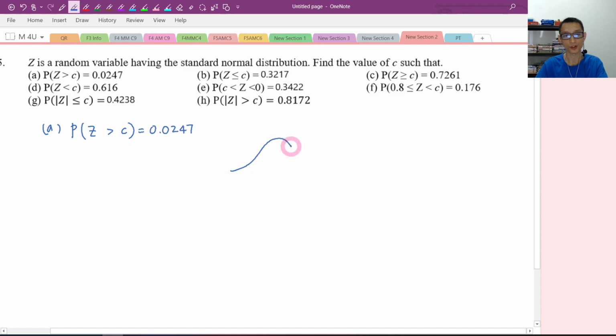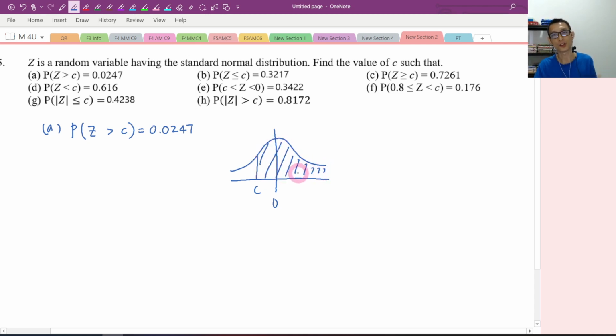I will always suggest you sketch a diagram to help you visualize the situation clearly, so that it is easier for you to plan how to solve it. We don't know C, so try to think whether C is on the left hand side or the right hand side, and this is greater than. If I put the C over here, greater than C will be here.